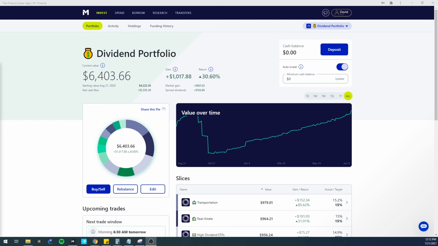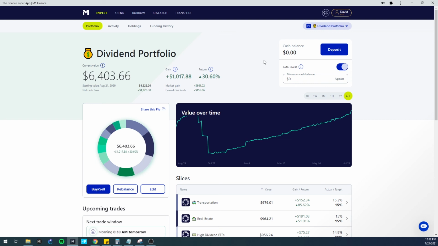So in this video, let's take a look at it. On the main dashboard of M1 Finance, you can see over to the upper right hand side the cash balance. This is the overall balance that you have in your brokerage. It's also referred to as cash on hand. Right now, my cash balance as of today is $0 because I have everything invested.